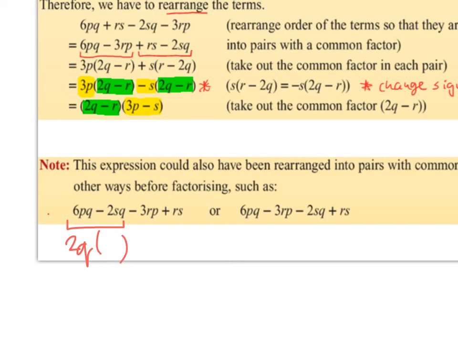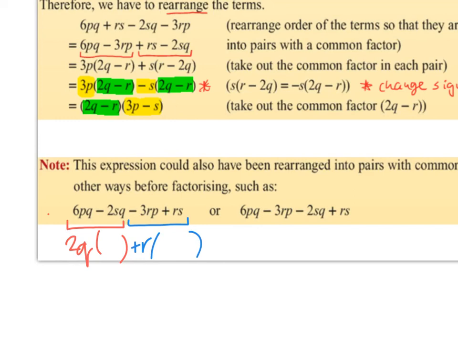And then factorising the right two terms, minus 3rp plus rs, our HCF would have been plus r. And you would have continued on, put your values into your brackets, and then you would have ended up with the same answer.